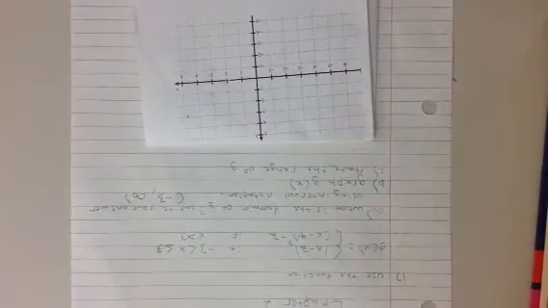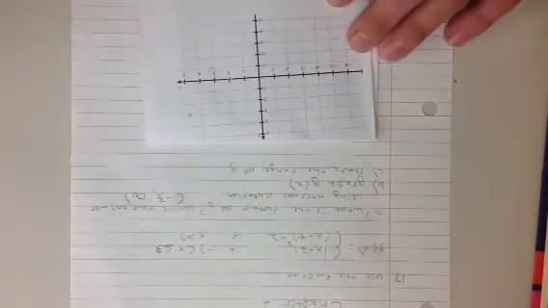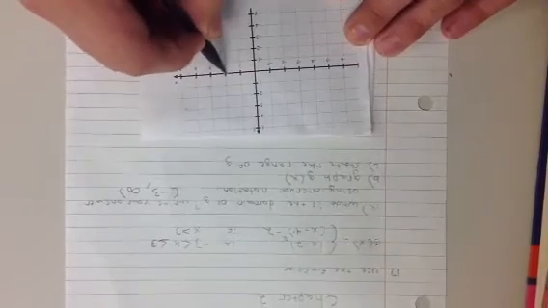And now B is telling us to graph g of x. When we're graphing g of x, we've got to remember our original graphs, and the absolute value of x graph would be a V-looking shape. But we see that there's a phase shift of 2, and so we know to move to the right 2 points.